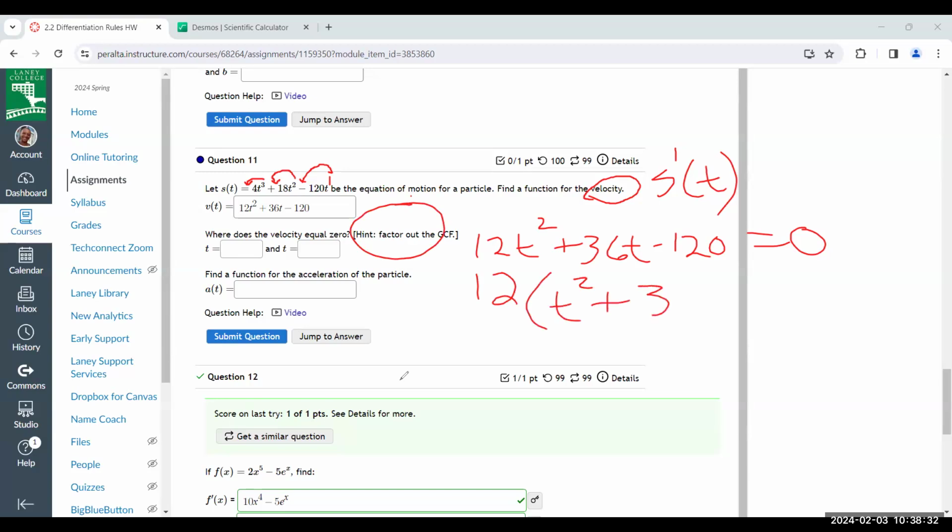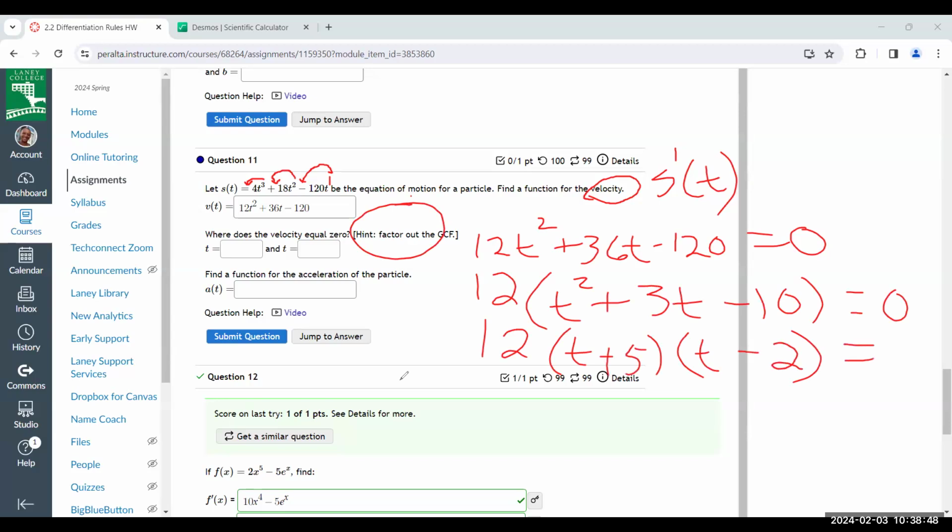Okay, I'll go ahead and do it since it looks like I can do it kind of quickly. I don't want this video to be too long. And then I look for two numbers I can multiply and get -10, add and get 3: +5 and -2. Right? 5 times -2 is -10. 5 plus -2 is 3. And then set each factor equal to 0 and solve for t.